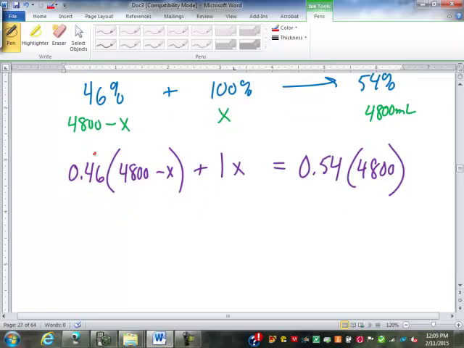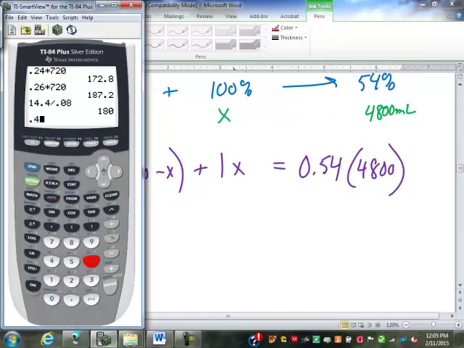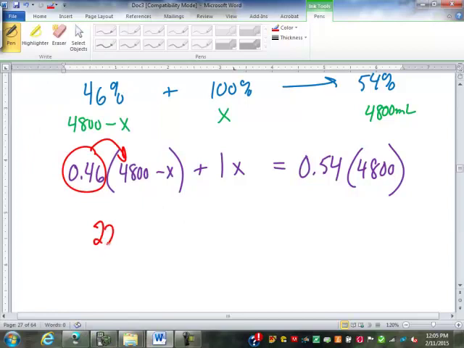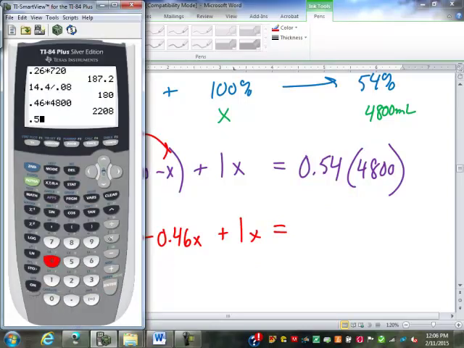So now, 0.46 times 4,800 is 2208. 0.46 times negative X is a negative 0.46X plus 1X equals 0.54 times 4,800, which is 2592.